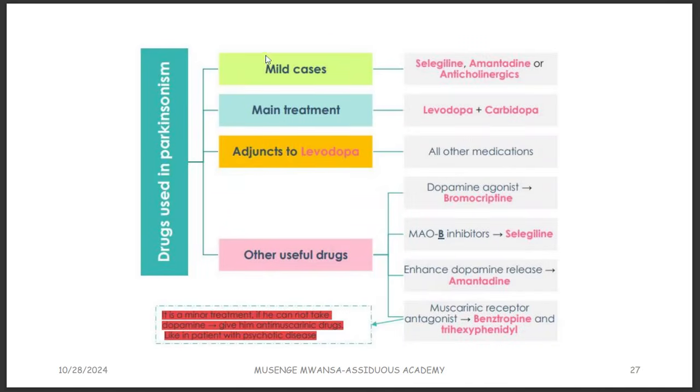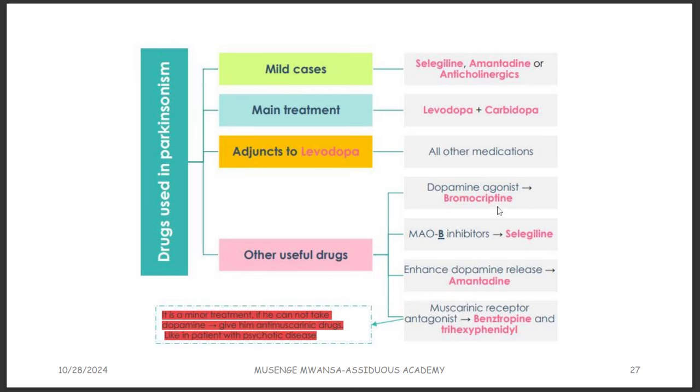On the treatment, in mild cases, you can simply give the MAO-B inhibitor, selegiline. You can also give amantadine and anticholinergics. The main treatment for Parkinson's disease is levodopa and carbidopa. And then you can also use other drugs to just help levodopa. Those are adjuncts. Any other medication, and there are a lot.